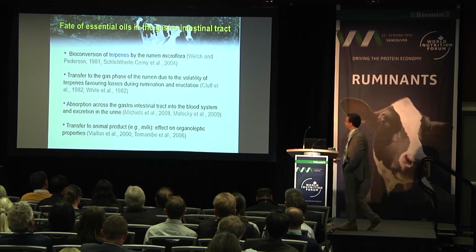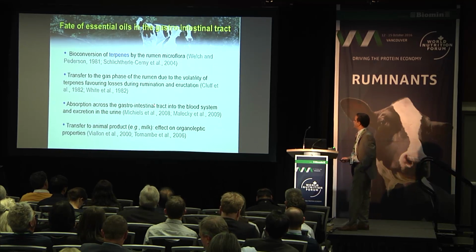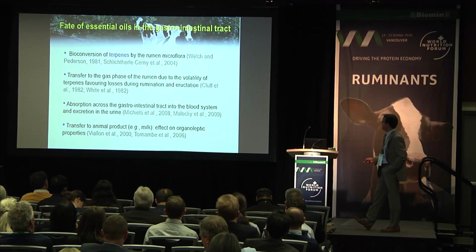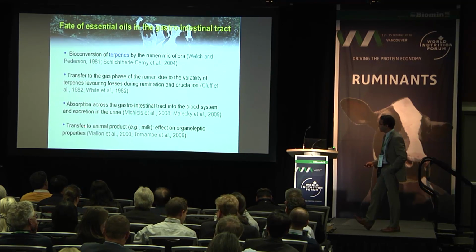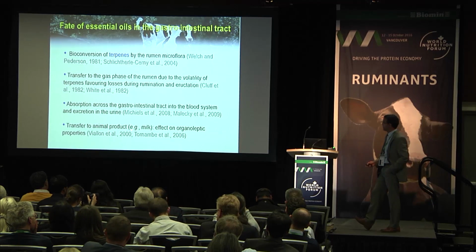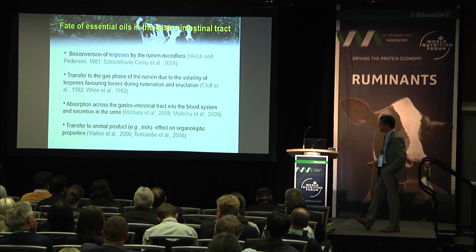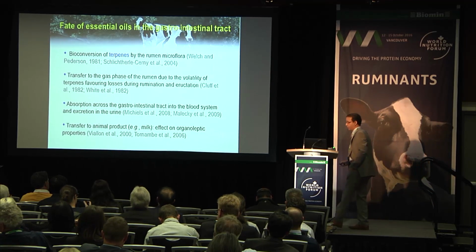And third, the absorption of terpenes across the gastrointestinal tract into the blood system and excretion in the urine. Once absorbed, they can also be transferred to animal products such as milk, for example, which may potentially affect the organoleptic properties.